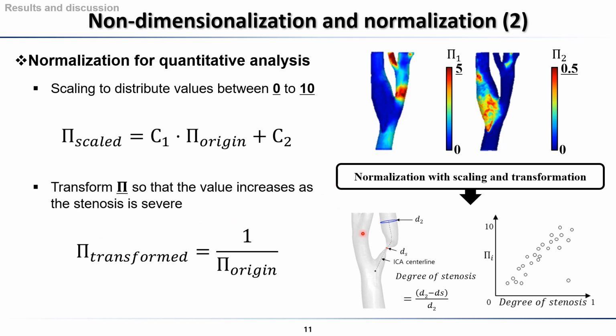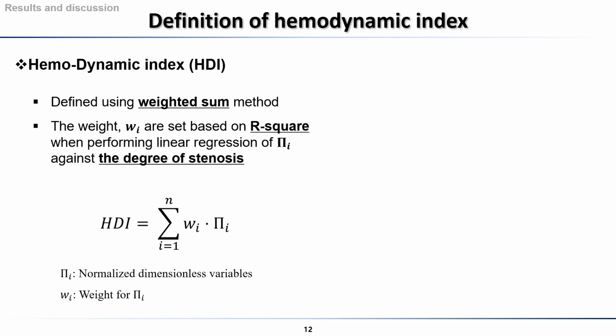The degree of stenosis is a measure of how much the carotid artery is blocked and was defined as shown in the lower right figure and used as a reference for our non-dimensionalization and normalized variables. With these normalized and dimensionless variables, the HDI was defined using a weighted sum method.